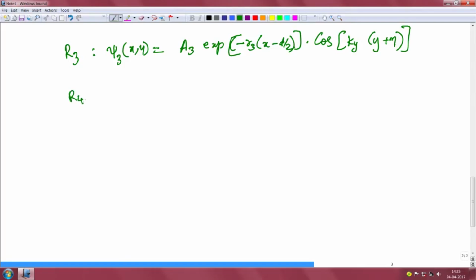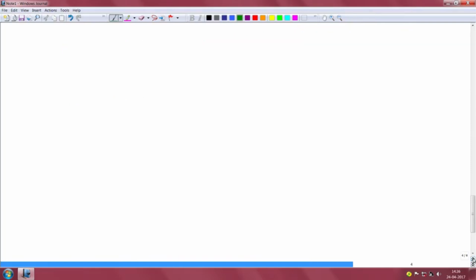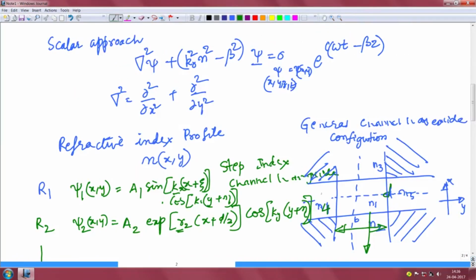And in the region 4 we can consider psi 4 of x comma y as A4 multiplied by exponential of, so in the region 4 here it is oscillatory with respect to x and exponentially decaying with respect to y.